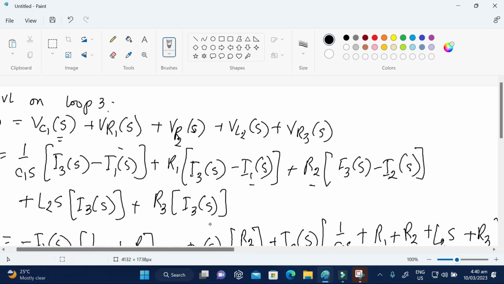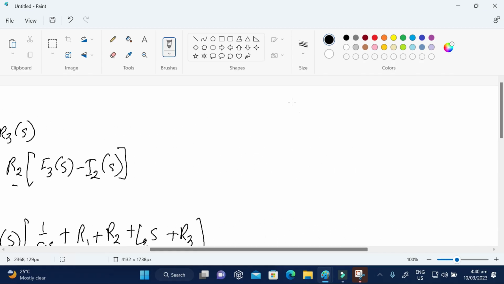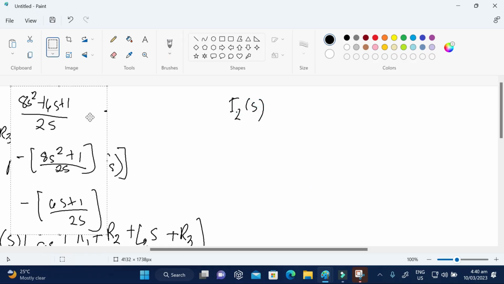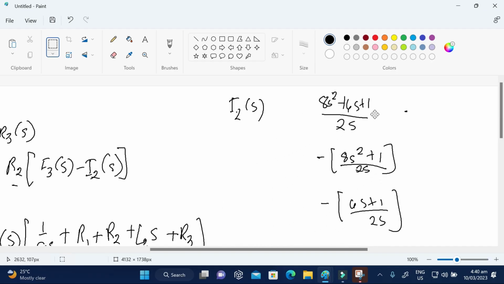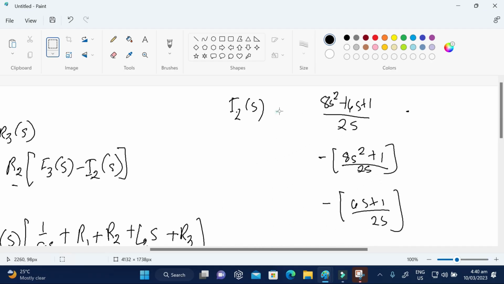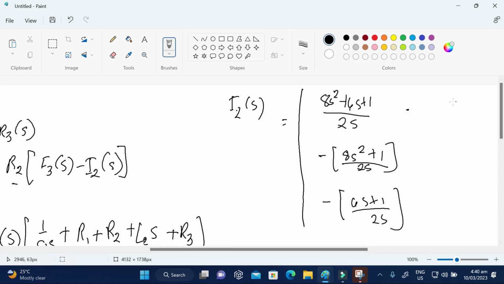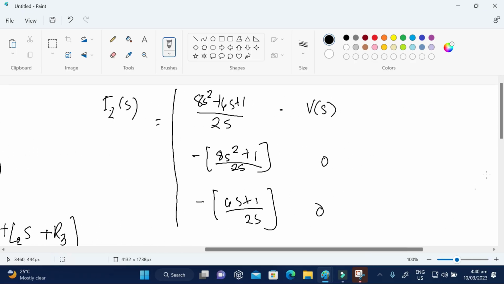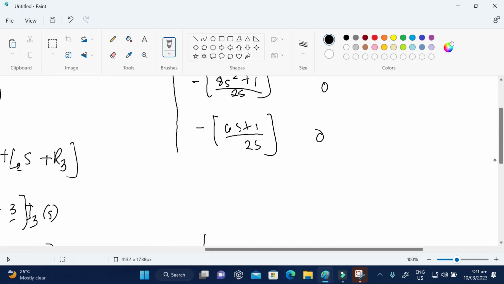Okay. So, lagyan natin dito na I2. Matrix ito. Okay. I2. Ang kukunin natin I2. So, gagawin natin ito. VS. Ito ay 0. Tsaka 0. Tapos yung sa I3.